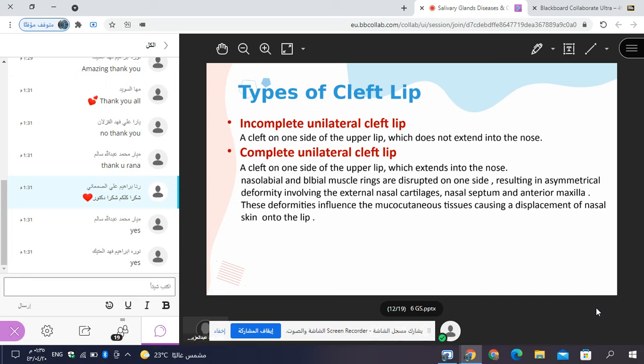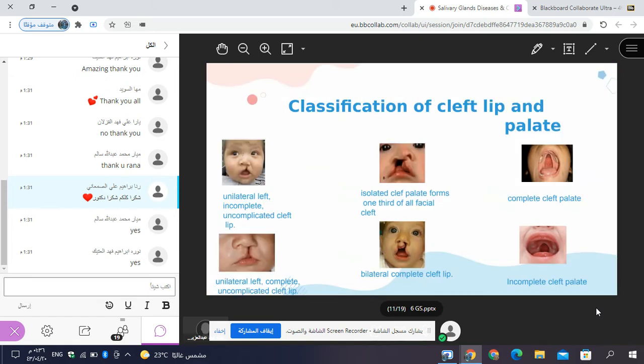In complete unilateral cleft lip, the cleft in one side of the upper lip extends to the nose, and the nasolabial muscle ring is disrupted on one side, resulting in asymmetry and deformity, including the external nasal cartilage and anterior maxilla. This deformity affects the mucocutaneous tissue and causes displacement of the nasal skin and of the lip.